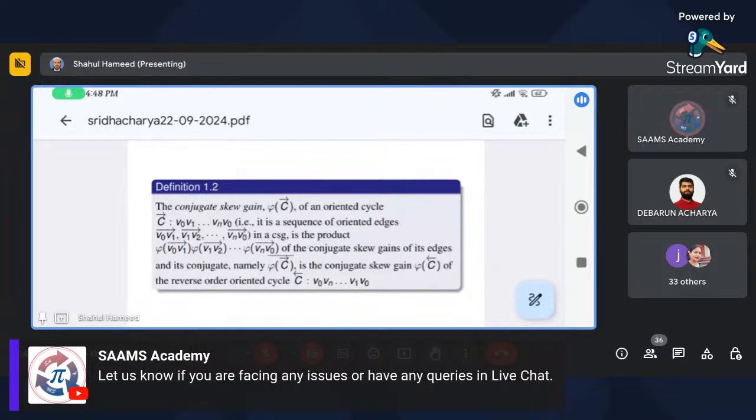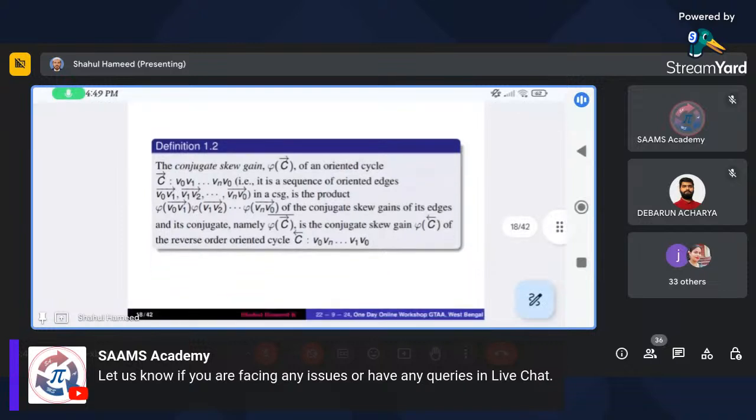Then you just take that product, and we call it phi of C in that direction. When you take the other direction, that means the backward direction, it will be the conjugation. That you know, the conjugate of the product is the product of the conjugates. So that has to be kept in mind while dealing with balance theory, which I will be referring to as an important application of these conjugate skew gain graphs.